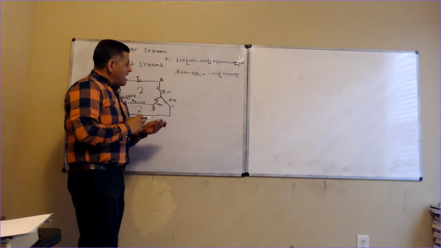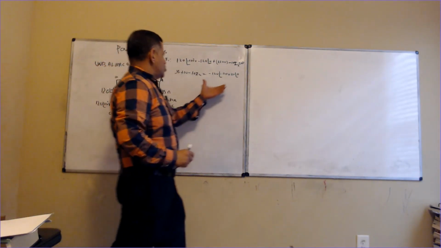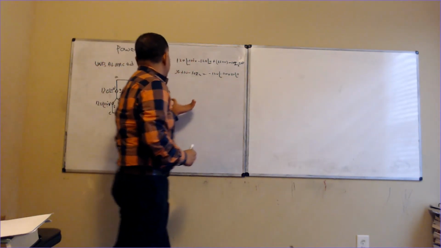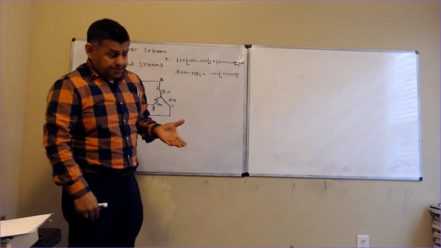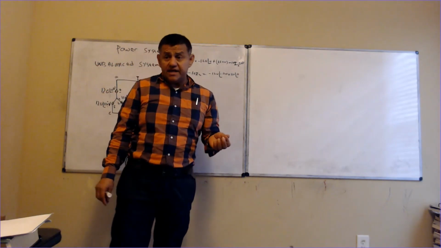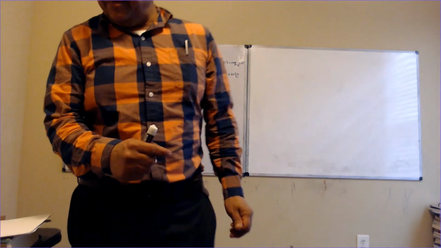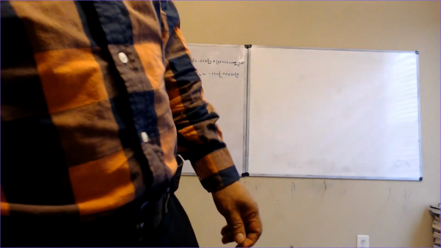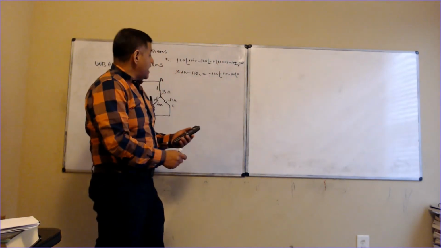So now, how do I simplify this? I need to do some type of simplification so I can work it out better. What I can do right here is get the calculator.